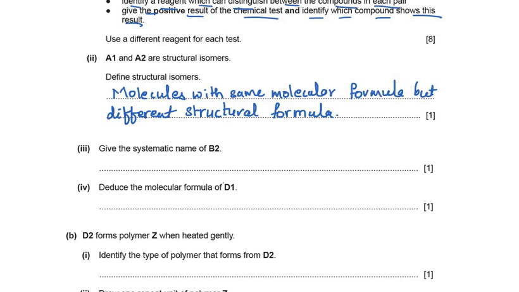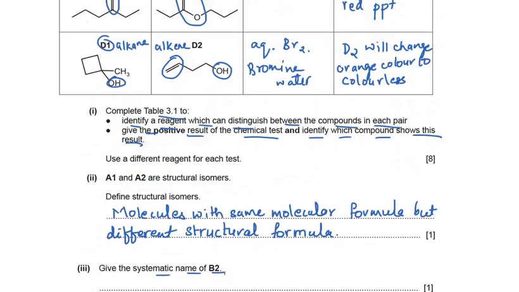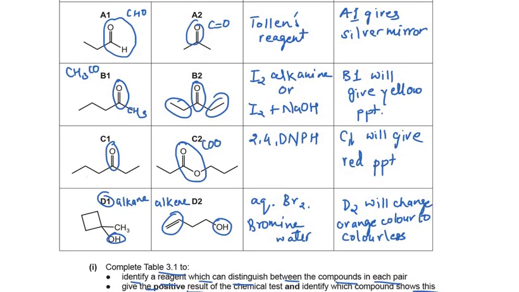Next question says give the systematic name of B2. Going back to the table, we need to have a look at B2. B2 has a ketone group, and let's count the number of carbon atoms: 1, 2, 3, 4 and 5. So 5 carbon atoms are there with a ketone group on the third carbon.